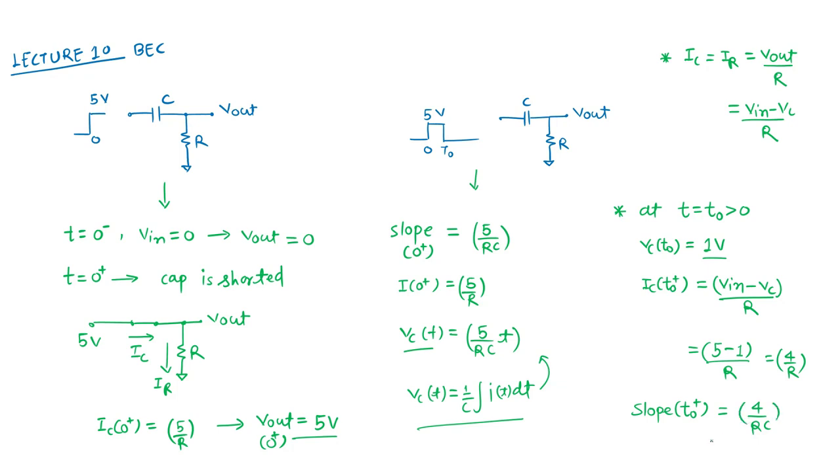This analysis we have seen. If I talk about the capacitor voltage at a different instant, let's say the third instant, which is t equal to t1, greater than t naught. At this instant, let's say my capacitor is charged to VC at t1 positive.